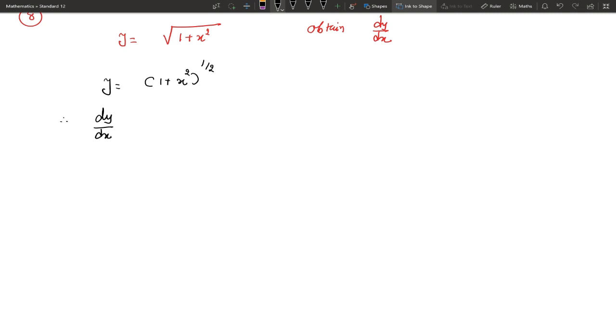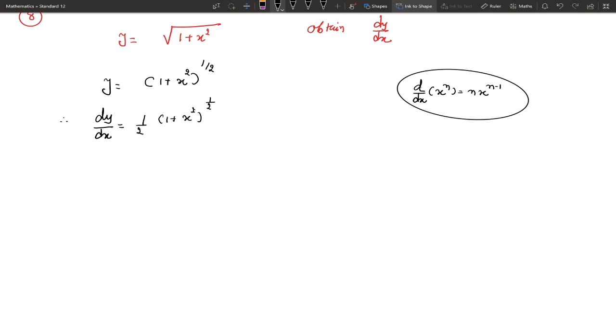dy by dx equal to, first we use this formula, d by dx of x raised to n, it is n x raised to n minus 1. So 1 half, 1 plus x square raised to 1 half minus 1. Now you can observe inside it is a function of x. So by chain rule into d by dx of 1 plus x square.